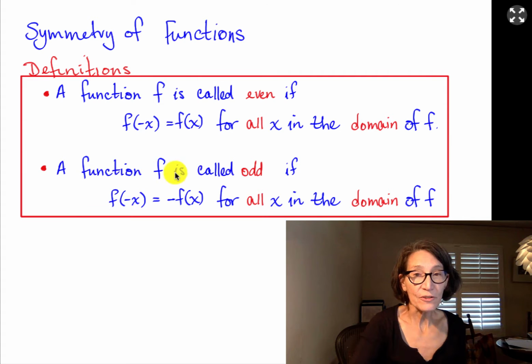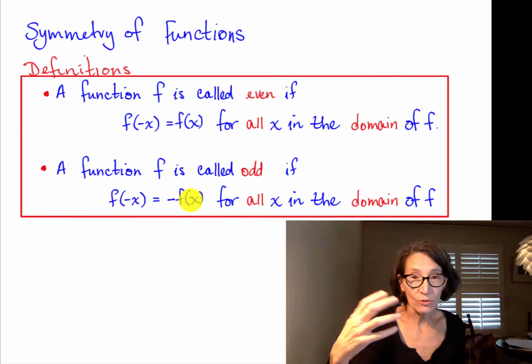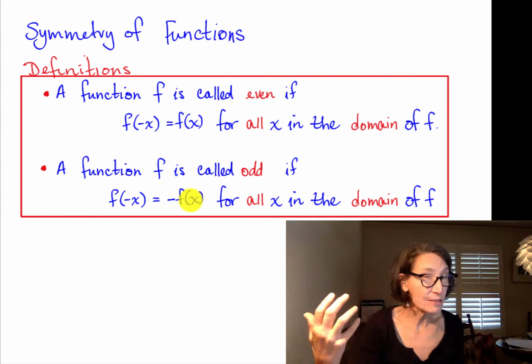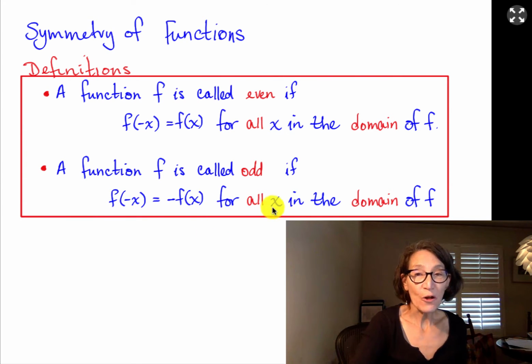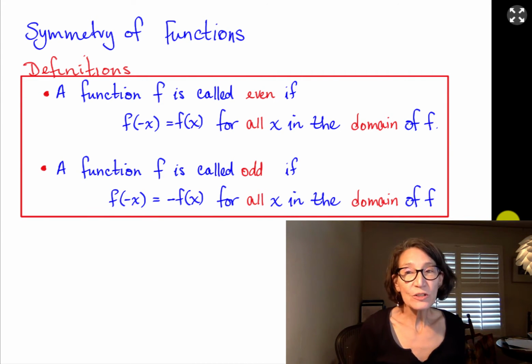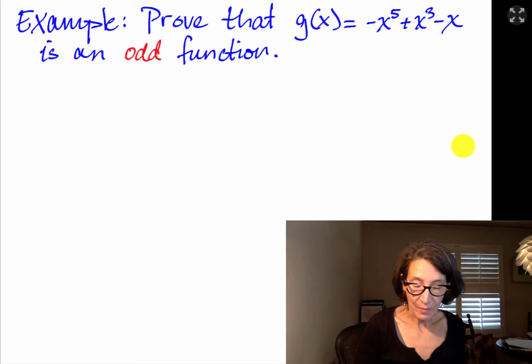And the function f is called odd if f of negative x is the opposite of f of positive x. So that means the y value or the output of the function has the opposite sign for all x in the domain of f. All right, so let's look at a specific example.